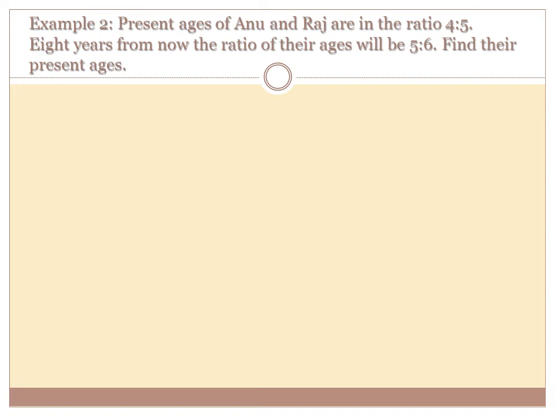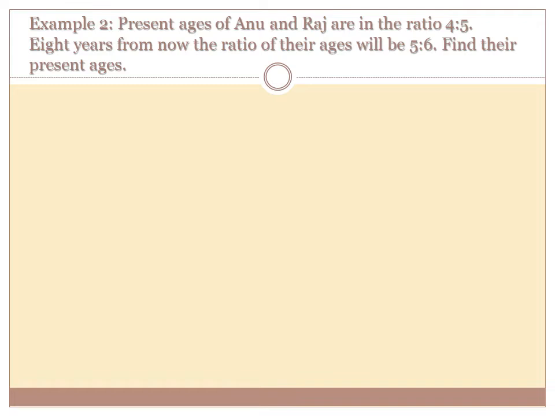Now, let us discuss a word problem which can be expressed as an equation reducible to the linear form. Question is, present ages of Anu and Raj are in the ratio 4:5. 8 years from now, the ratio of their ages will be 5:6.